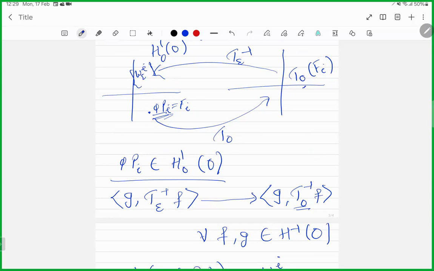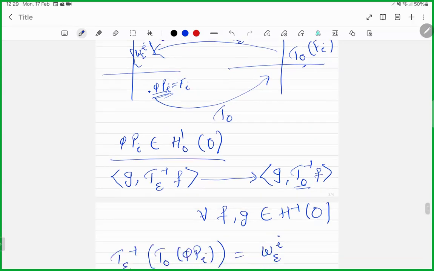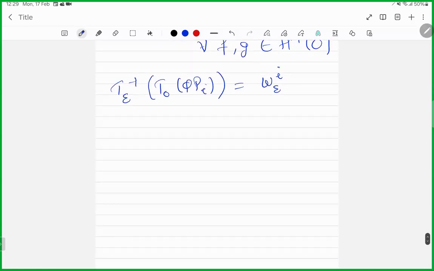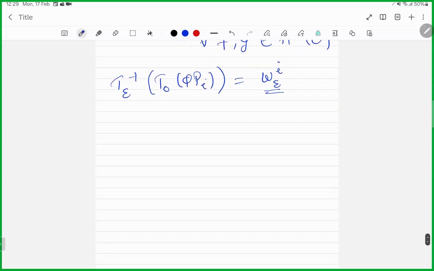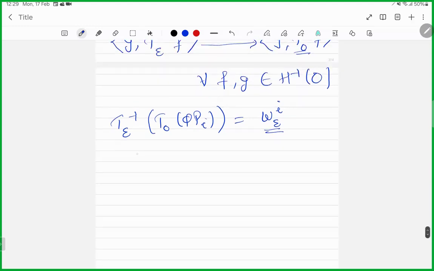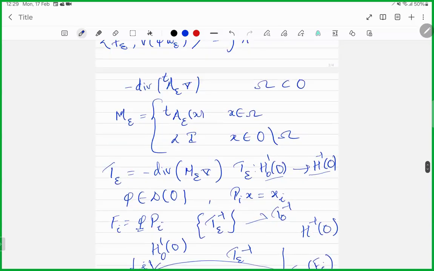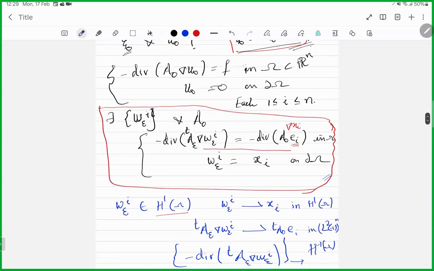This is the general case, where you don't have periodicity or anything. So that's your W epsilon I, and this is in H1. You can show that. After that, you can choose a test function phi such that it's 1 on omega, and you can get all that I want here.